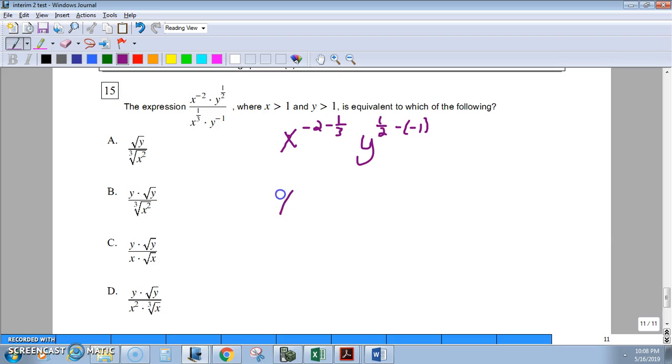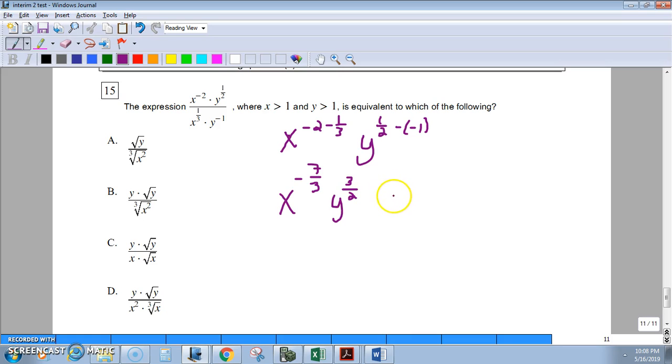So this x is really x to the -2 and 1/3 power. If you add those up, you get -2 and 1/3, which is actually -7/3. Okay, and our y is actually just 1/2 minus a -1, which is 1.5, the same as 3/2.